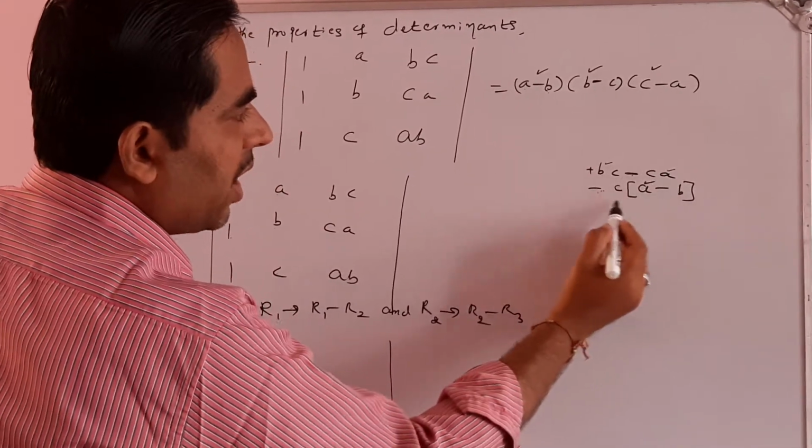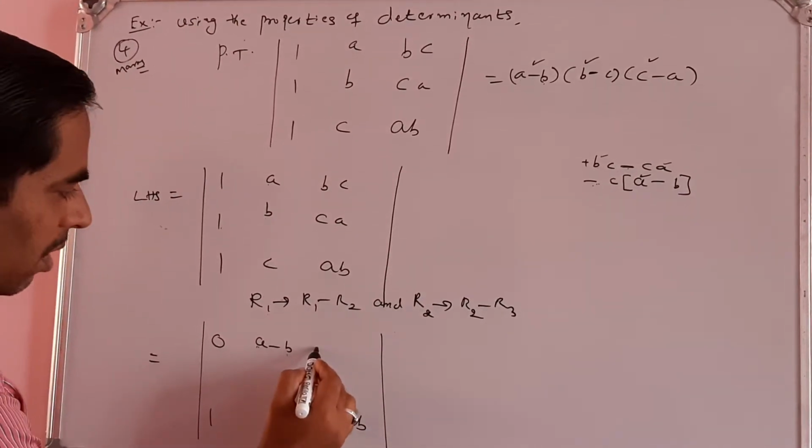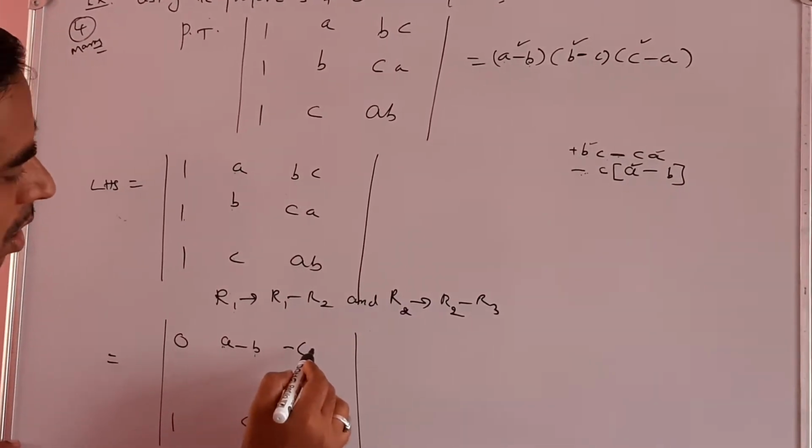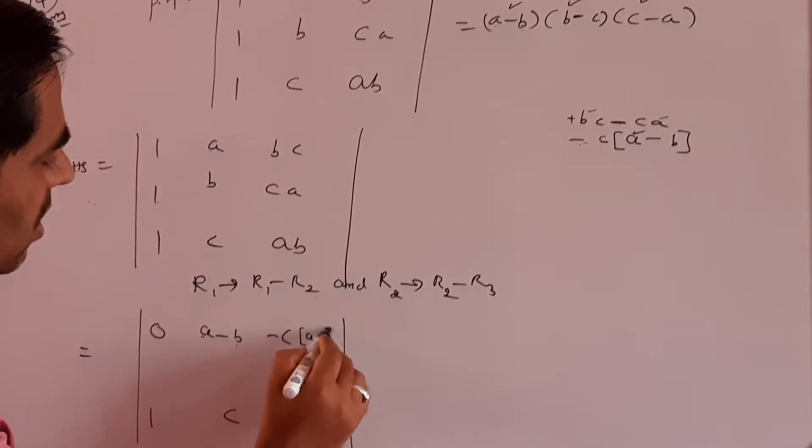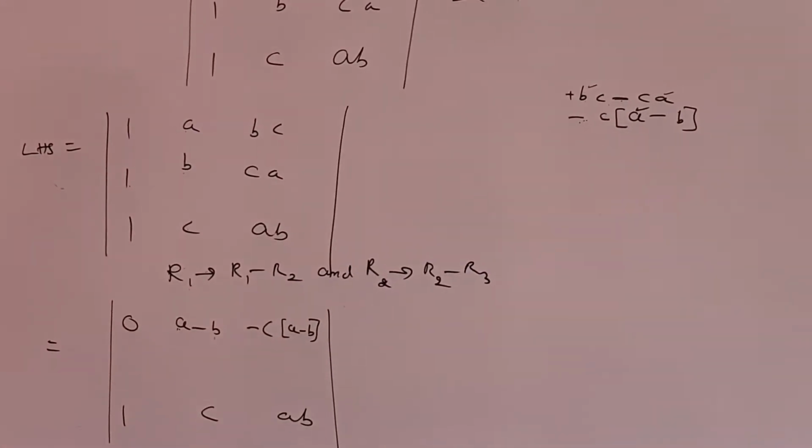So to get the first term A, take minus outside. I will get minus C into A minus B.